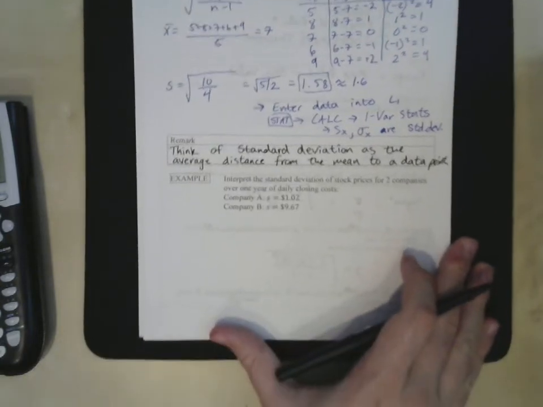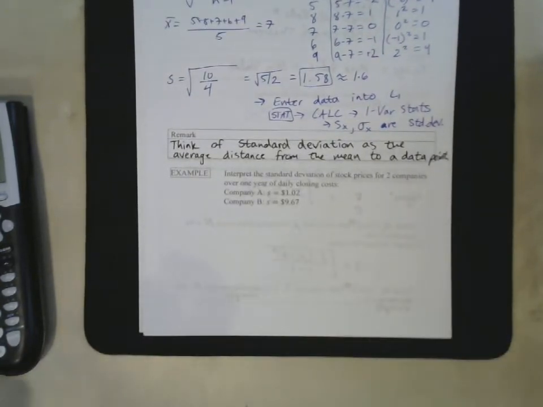Now, what that distance is actually slightly different. So, in this example, we said standard deviation is 1.58. So that means that the average data point is 1.58 away. That distance is in means.